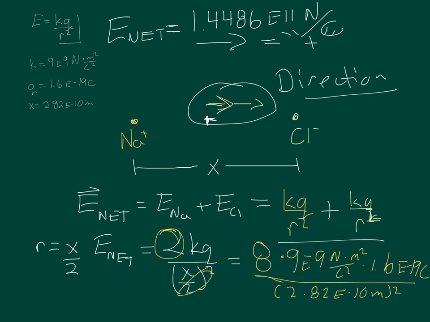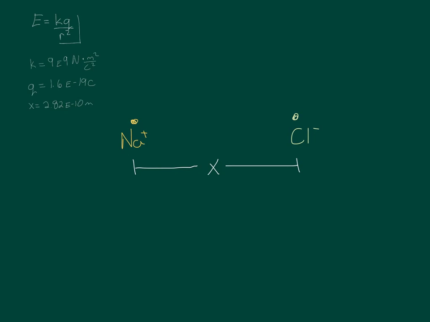But what I'm going to do is go ahead and clear some of this stuff off so that I can present another problem that I want you guys to look at. Good, we're back to this setup. X is still the same, but the point of interest that I want you to look at is going to be at a spot a little bit closer to the chlorine.